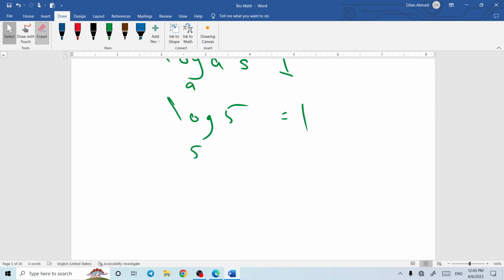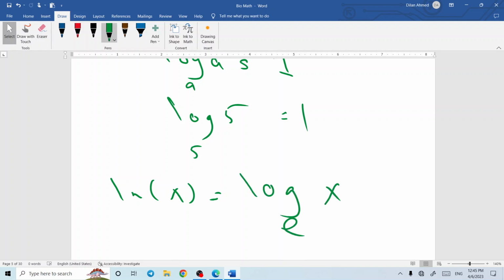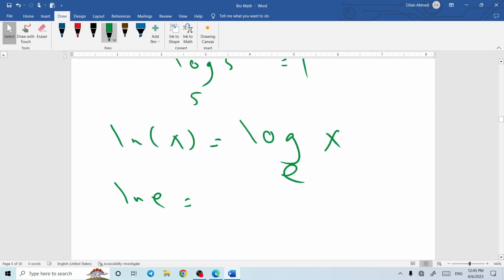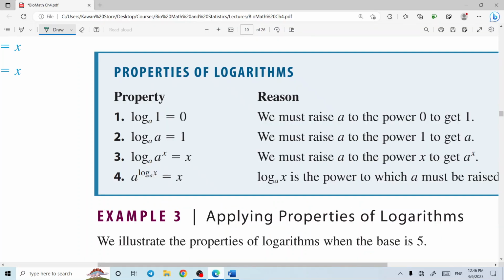What's the ln? Ln of x, generally, is a logarithm with base e, and we call it ln. So that's why ln of e equals log of e with base e, and a with base a will give me 1. You can say they are cancelling each other because they are inverses, opposites of each other. This is the second property. Do you have a problem?